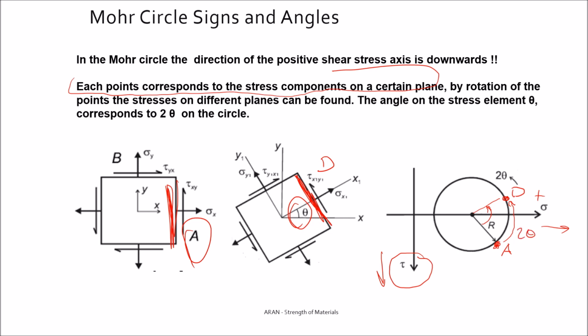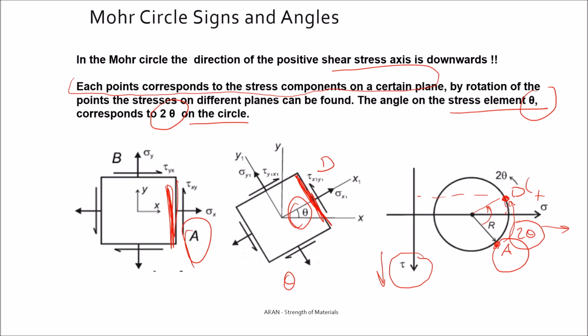If the rotation on the stress element is theta, I have to rotate by 2 theta on the circle, and starting from point A and rotating by 2 theta, I reach point D, and point D has the stress components which I am looking for.